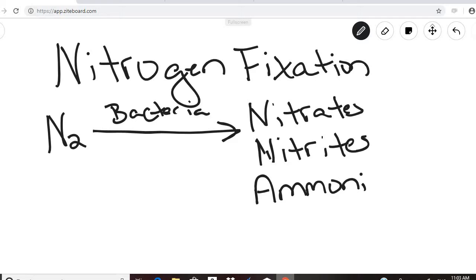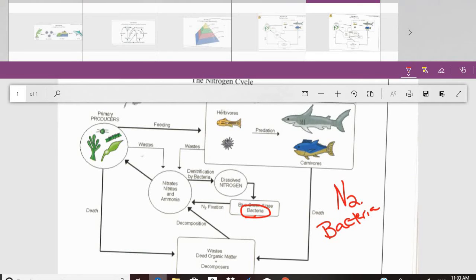So all of these contain nitrogen in a form that organisms can use. And so if we go back to our figure, here's the bacteria, and it converts this nitrogen gas into these nitrates, nitrites, and ammonia. And then it's similar to the cycle we saw with carbon.